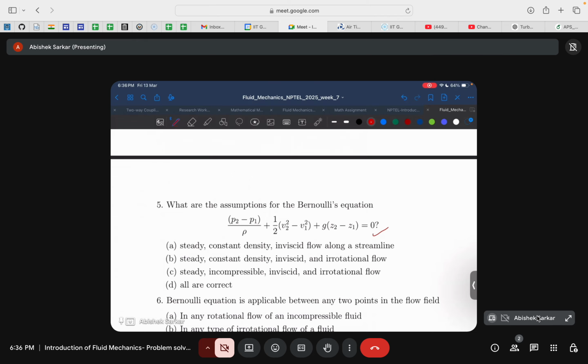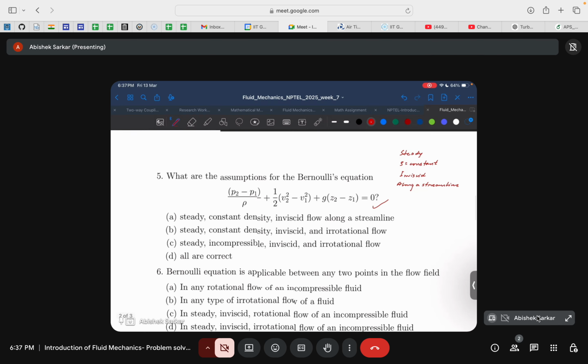Okay, so we saw that our important assumptions were steady flow, rho is equal to constant, inviscid, and along a streamline. Correct. So let us check what the options say.